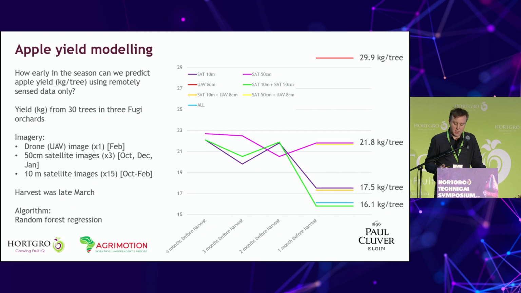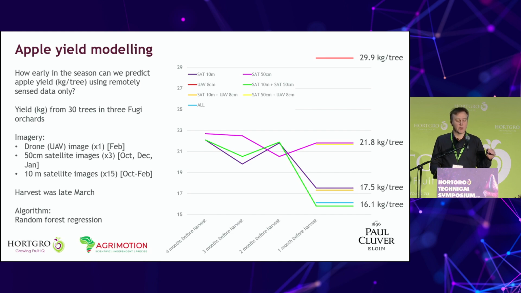And as you can see in the graph there, a month before harvest, we could reach an accuracy of 16 kilograms per tree when we used the satellite images as predictor variables. So only the satellite images were used as predictor variables. And when we added the drone image to the satellite imagery, it actually reduced the accuracy of the yield modeling.